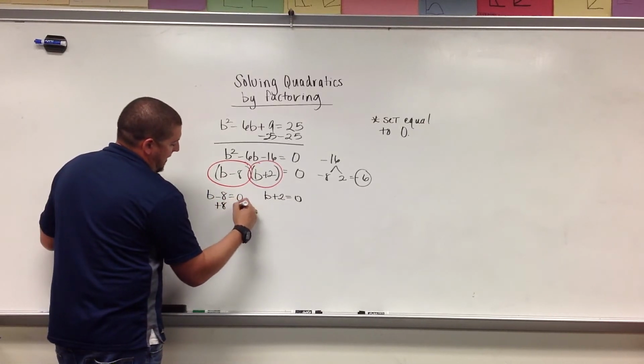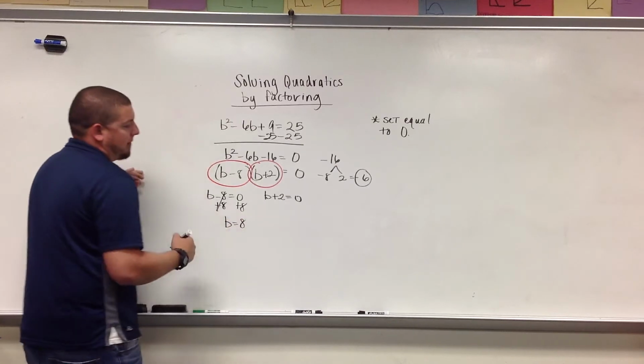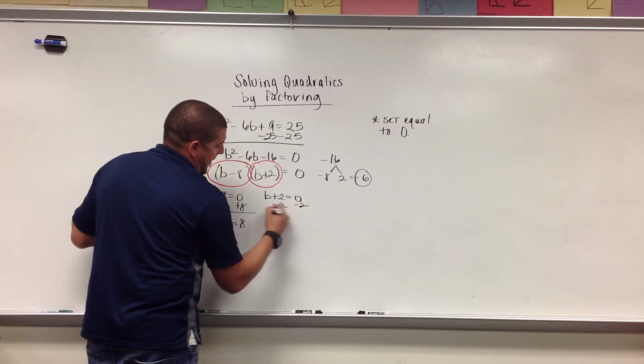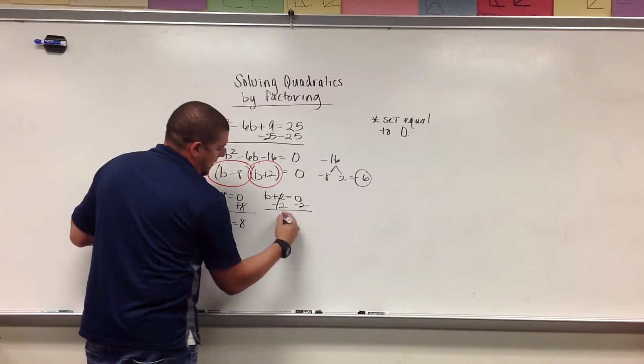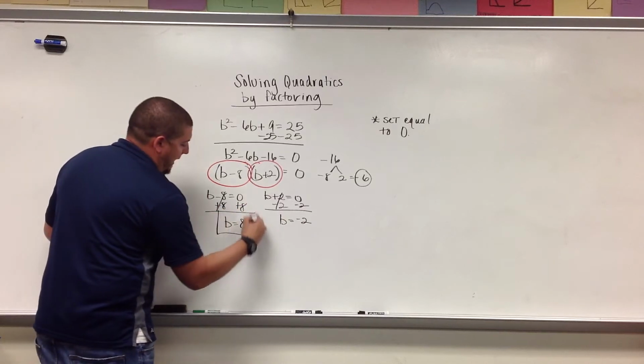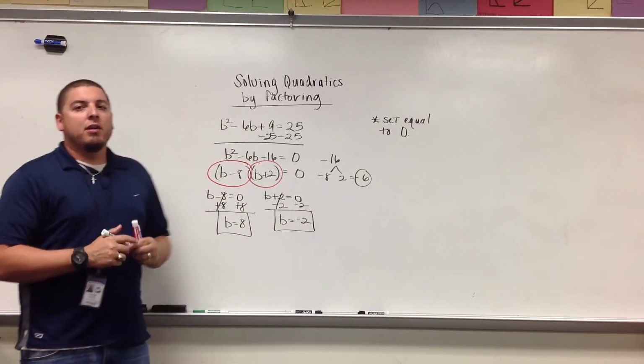Add 8 to both sides. b equals positive 8. Over here, subtract 2 from both sides. b equals negative 2. So my roots are b equals 8 and b equals negative 2. That would be my solution for the quadratic.